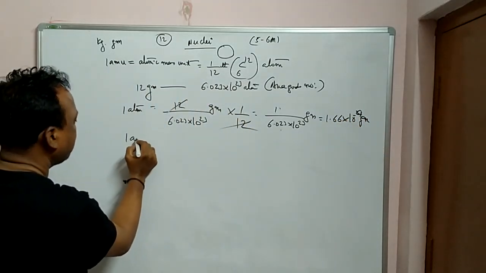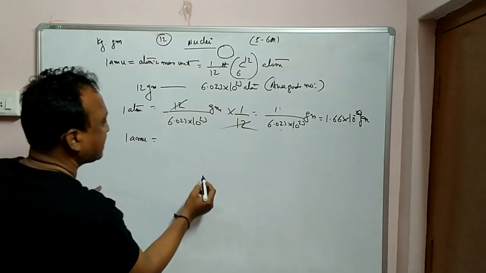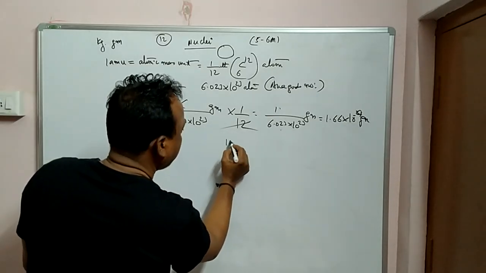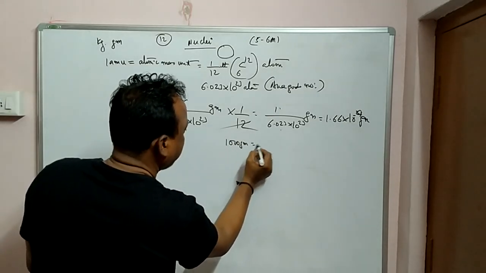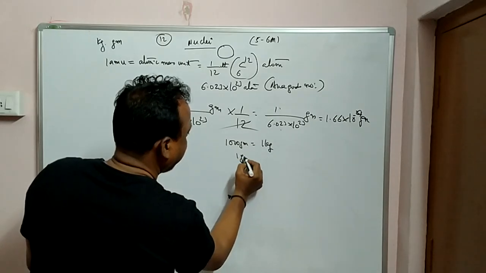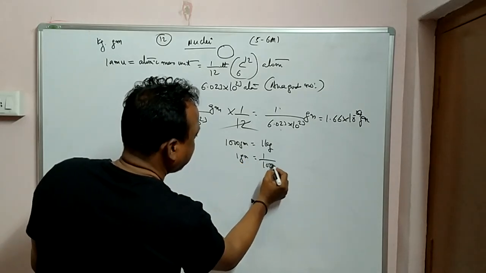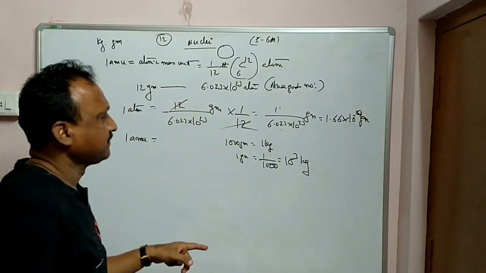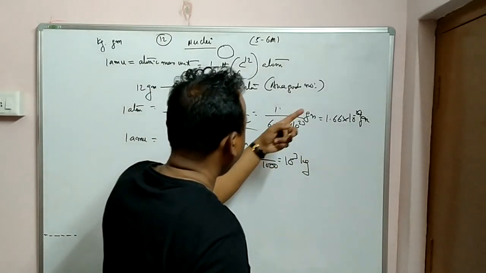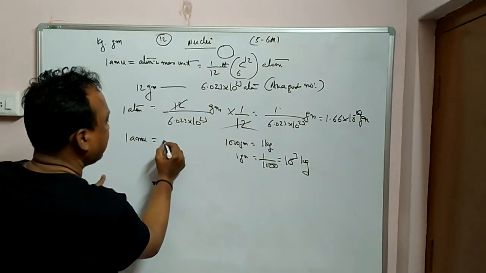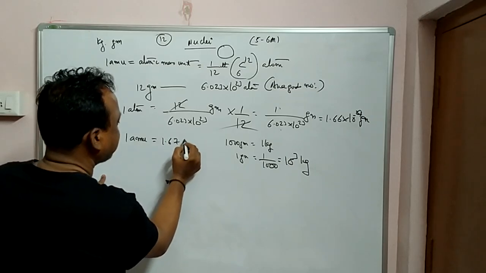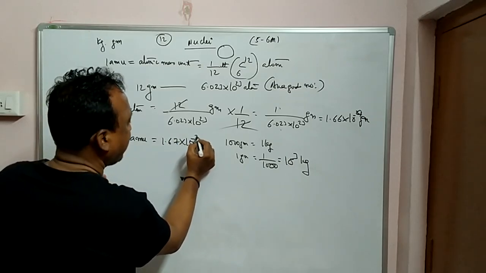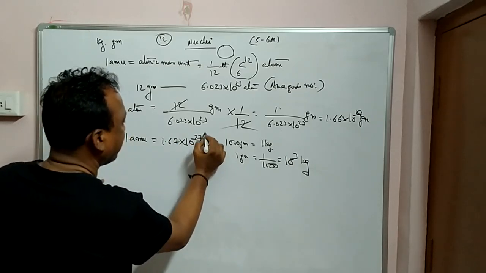In kilograms, because 1000 grams is equal to 1 kg, or 1 gram is equal to 10 power minus 3 kg, when you multiply, you get 1.66 or 1.67 into 10 to the power of minus 27 kilograms.